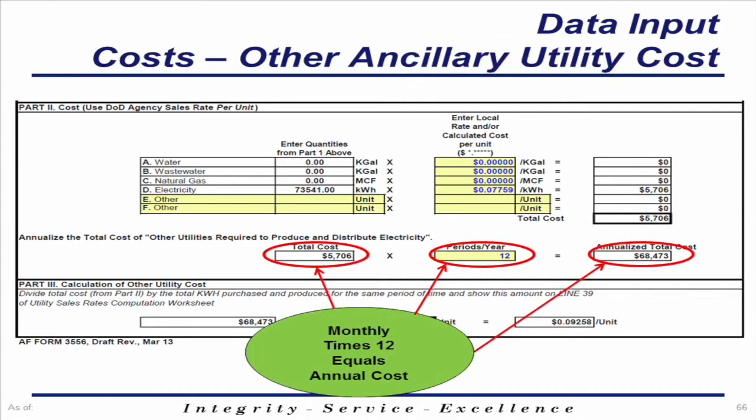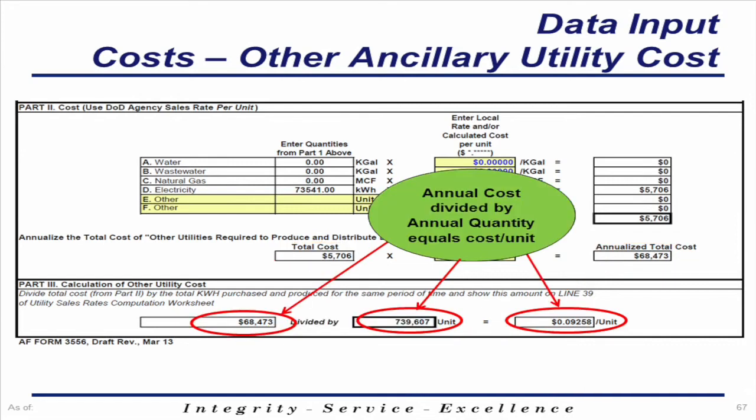Here's the calculation. Based on the monthly electricity used for pumping the water and the DOD rate for the electricity, a monthly cost of electricity is calculated. That monthly cost is then multiplied by 12, because we have 12 months in a year, and divided by the total quantity of water provided in a year, to come up with a water rate related to this electricity.